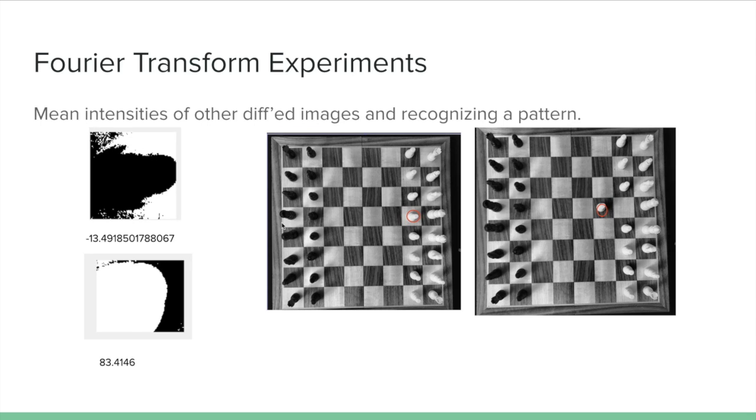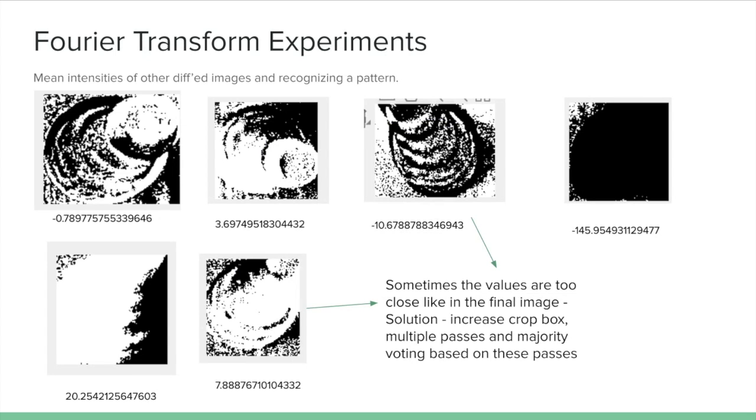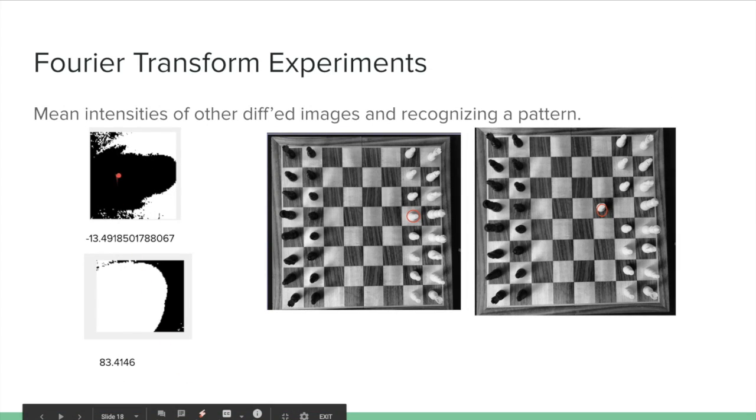So this is the initial, or the previous state of the image, and this is the next state of the image. What's happening here for this specific image, right here, is that this location is being taken and subtracted from this location, because this is the final state of the image and this is the initial state of the image, and this is producing a mean intensity value of negative 13.49, which is way far away from 0.